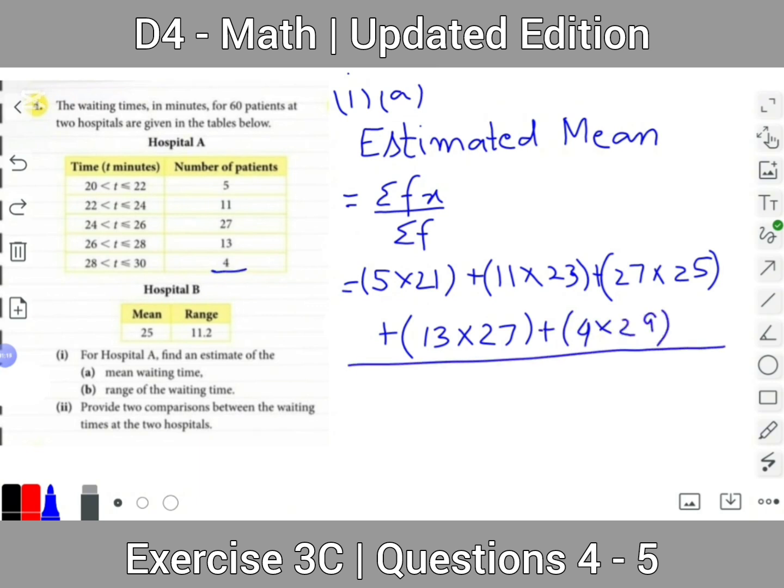So we have to add up all the number of patients. So the total frequency is equal to 60. So here we have 60.